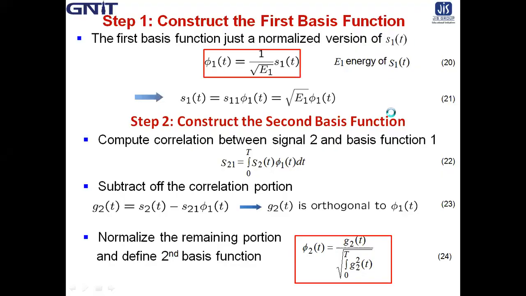Starting with s_1(t), chosen arbitrarily from this set, the first basis function is defined as s_1(t) divided by root over E_1, where E_1 is the energy of the signal s_1(t).